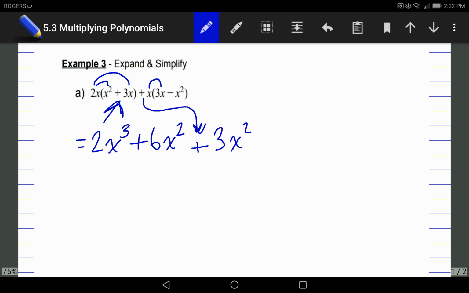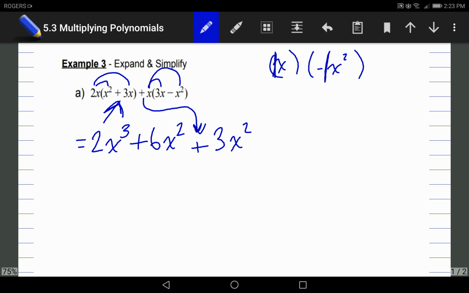And then, be careful here, x times negative x squared. Wow, okay, so x times negative x squared. Remember that if you do not see a number in front of your x, assume that it is a 1. So that's a 1x, and over here, assume that that's a negative 1x squared.